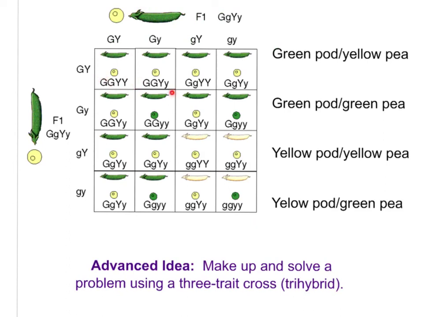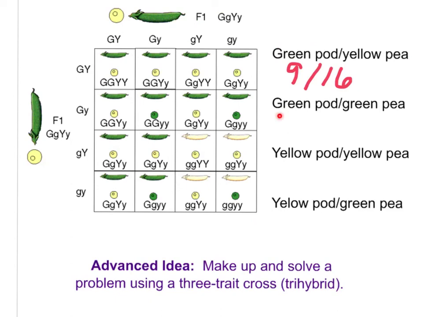The genotypes are written in here, and we're going to look at the phenotypes and go ahead and record those together. Green pods, unless you've already recorded them, hopefully you got them all right. Green pods and yellow peas. We have 1, 2, 3, 4, 5, 6, 7, 8, 9. So 9 out of 16 are the green pods with yellow peas.